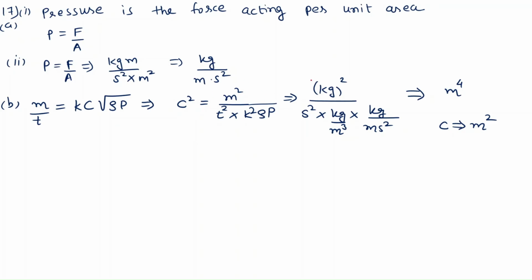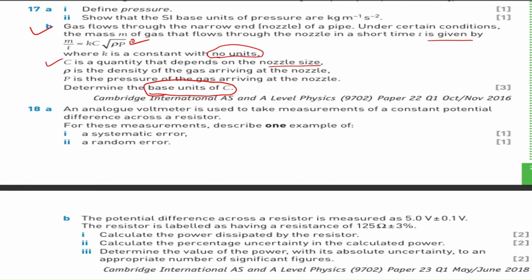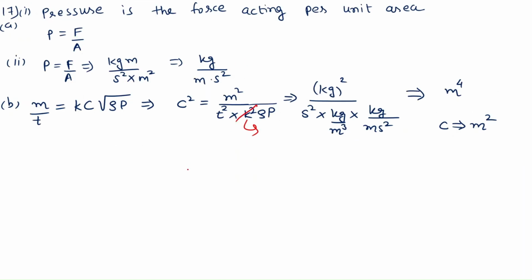This is mass, which means kilogram. In the denominator we have t square, meaning second square. k square, as I mentioned, k has no units. So to find the units of c, we eliminate it.